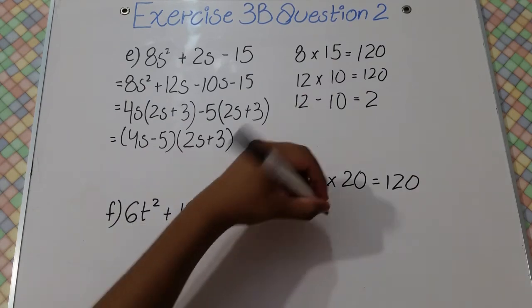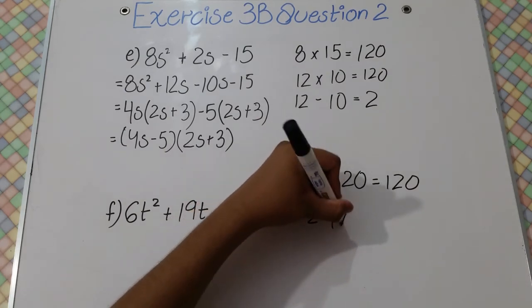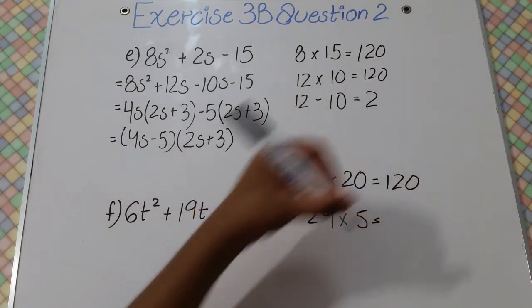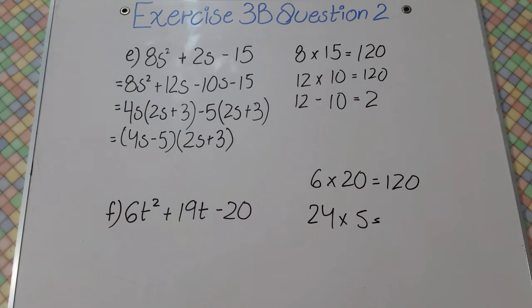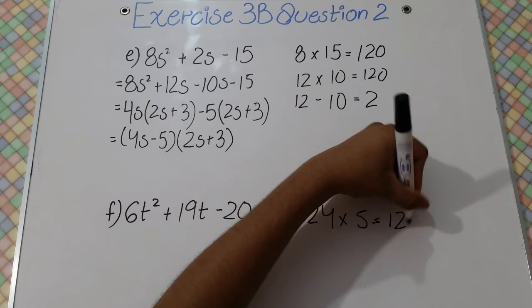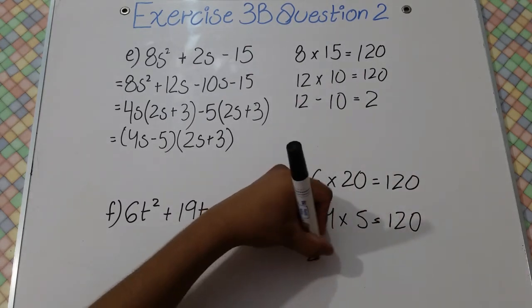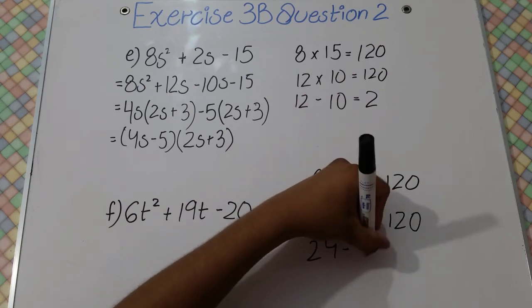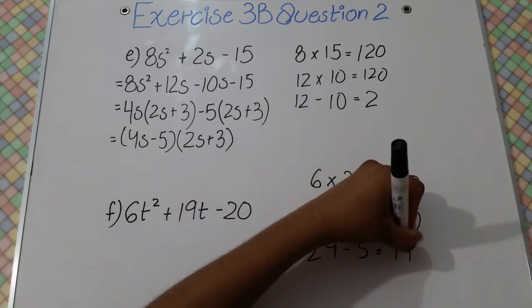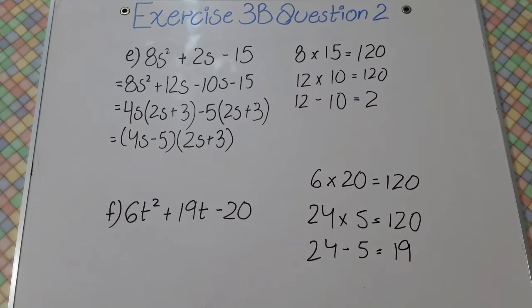So if I multiply 24 with 5, it is 120, and then if we subtract 5 from 24, it is 19. So I think this would be the perfect middle term for it.